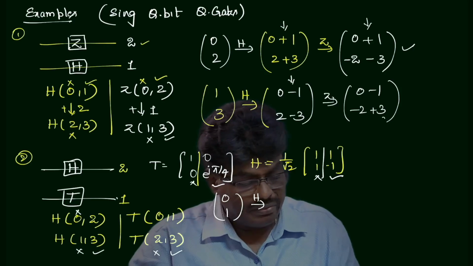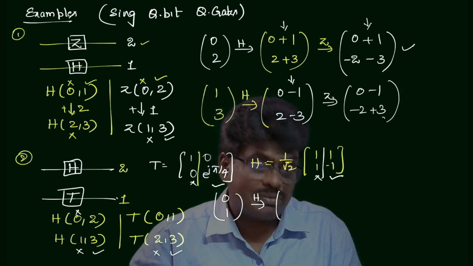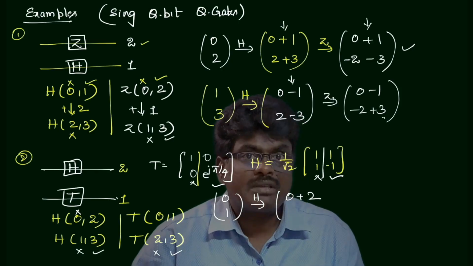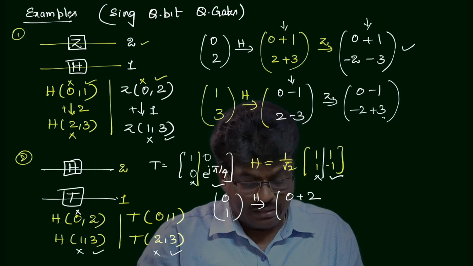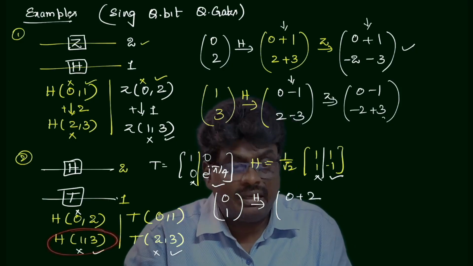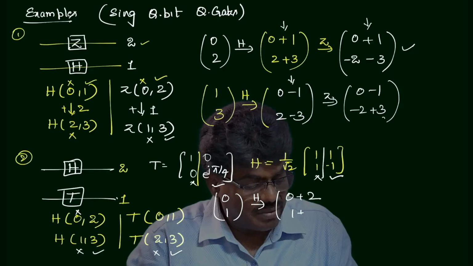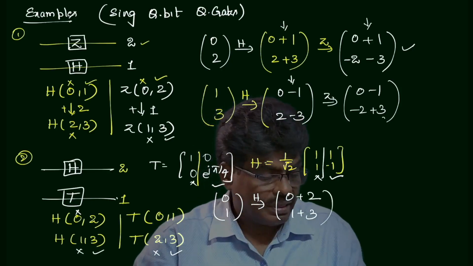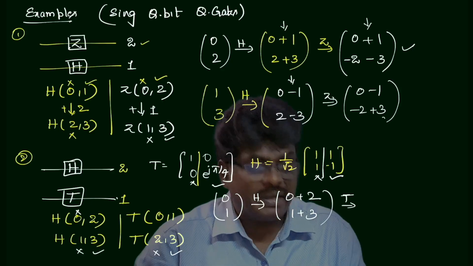0 is off, it creates a superposition of 0 and 2, 0 plus 2, because off. And next 1, it is also off, but it creates a superposition of 1 and 3, so that's why it is 1 plus 3. Next T is operating.